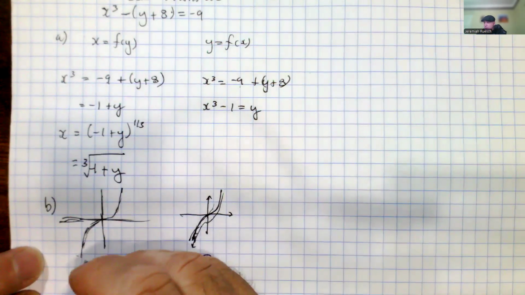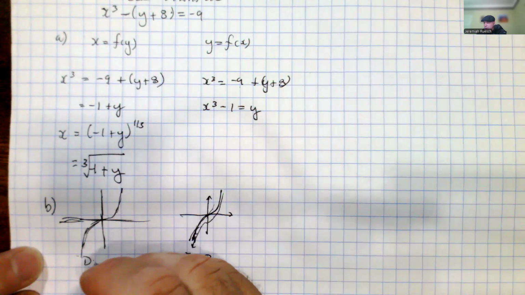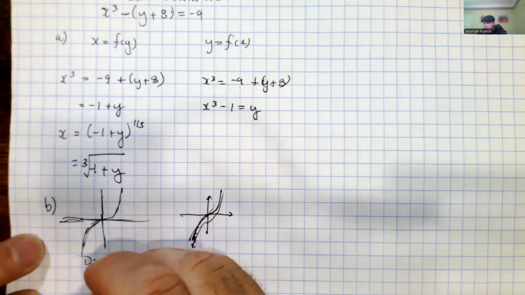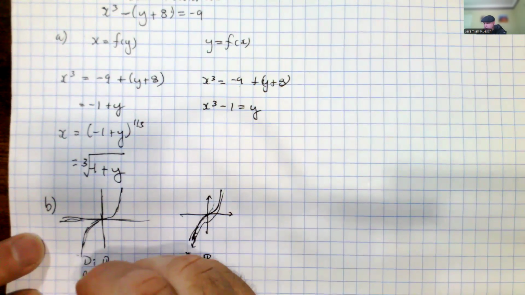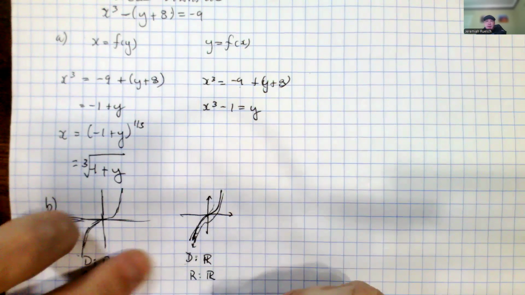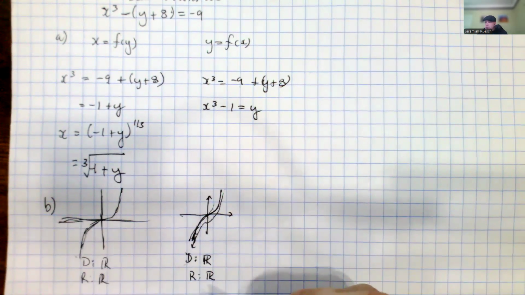And so the domain of a function of y is going to be R, and the range is going to also be R. So in this case, it's a moot point because they're the same. The function's representation is the same.